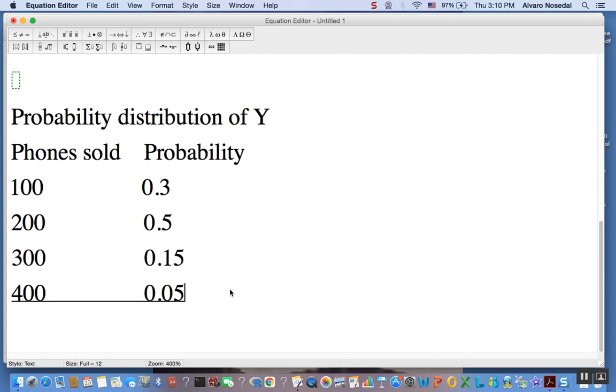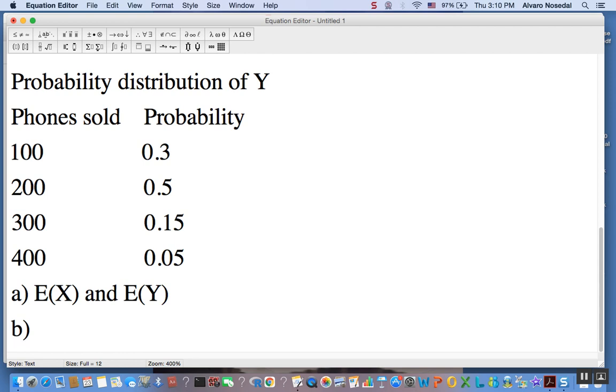Okay, so now the questions that we would like to answer. We want to find the expected value of x and the expected value of y.